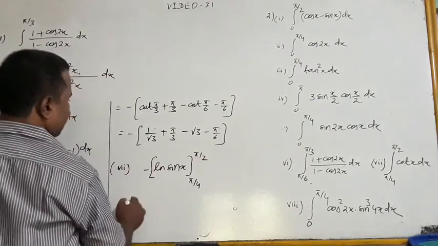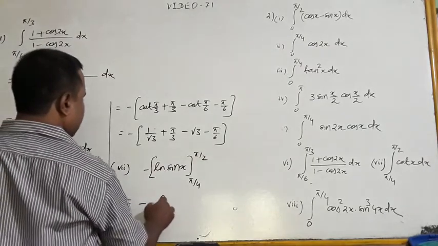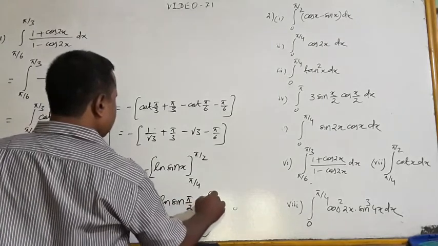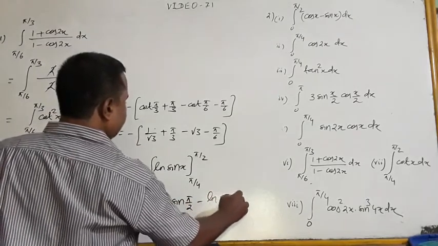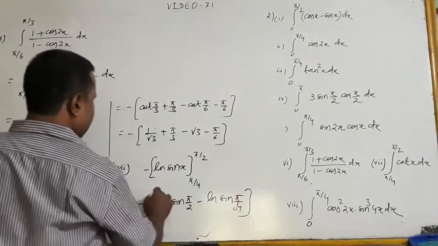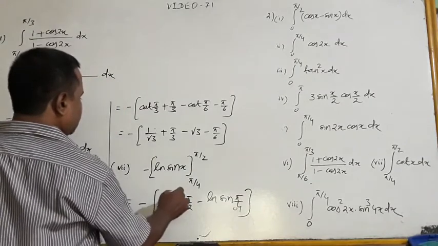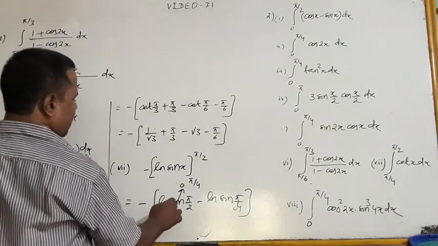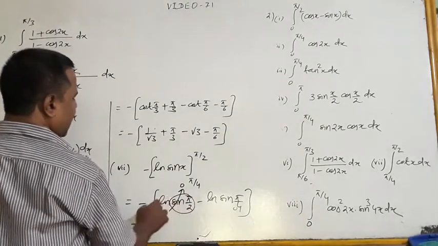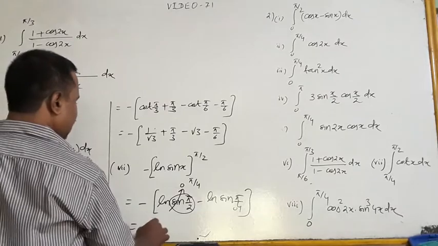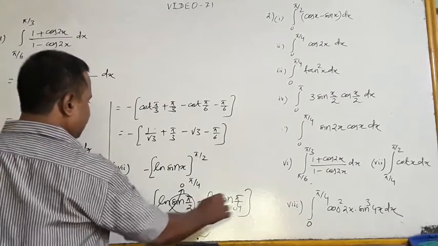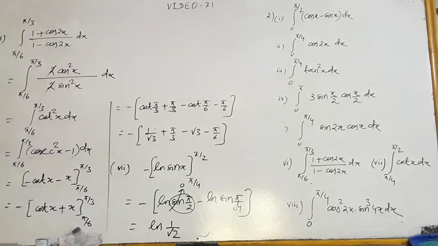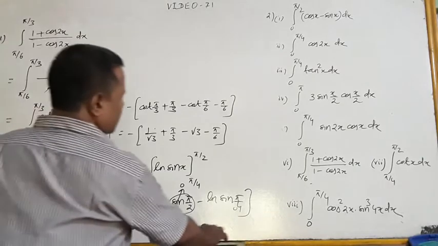Minus is taken outside, minus ln sin pi by 2 minus ln sin pi by 4. Sin pi by 2 is what? It is 1, and ln 1 is 0. So ln sin pi by 4, which is 1 by root 2, ln 1 by root 2. Okay, it is the answer, ln 1 by root 2.